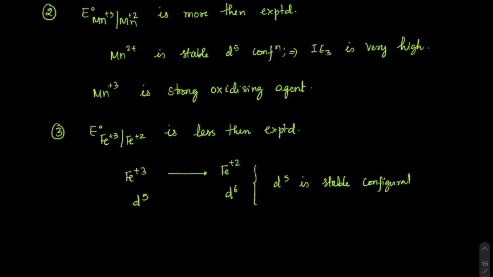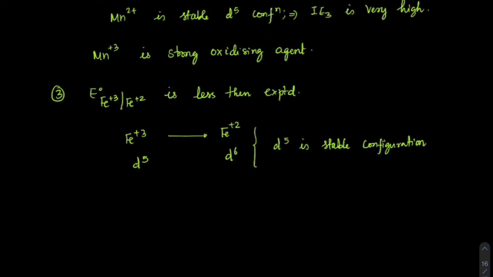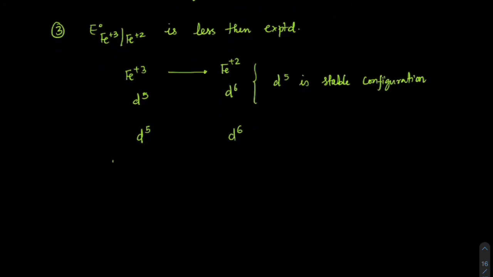It has no other explanation because both of them can form octahedral complexes. One good thing is that this could be D6 configuration, which will try to bring stability. This is D5 configuration, which will try to bring stability also. D5 will have configuration of T2G3 EG2, which is half filled. D6 can have T2G6 and EG0, which is also fulfilled in T2G.